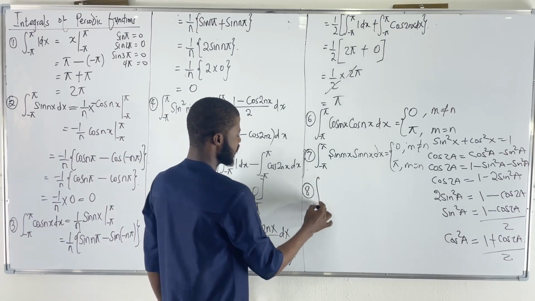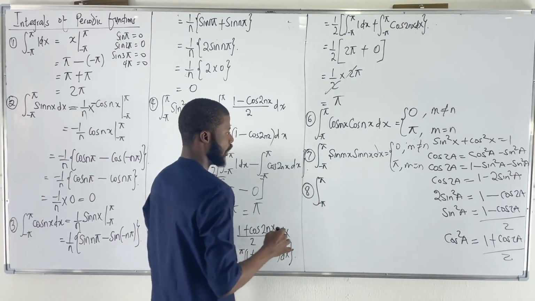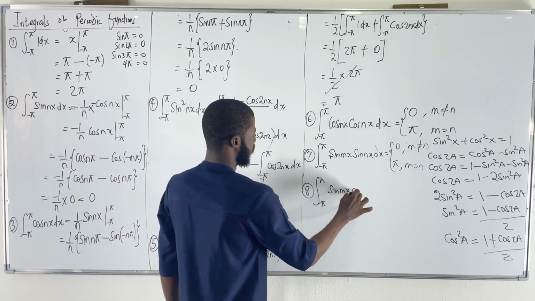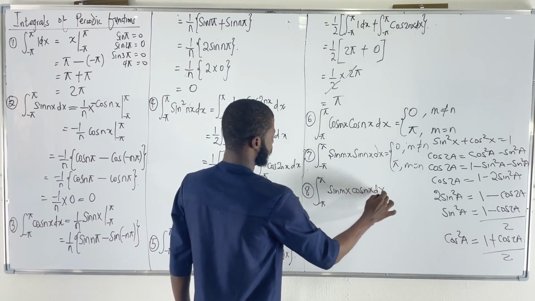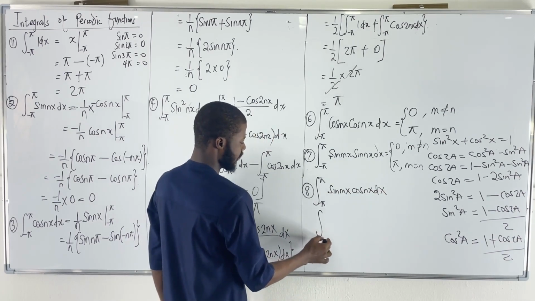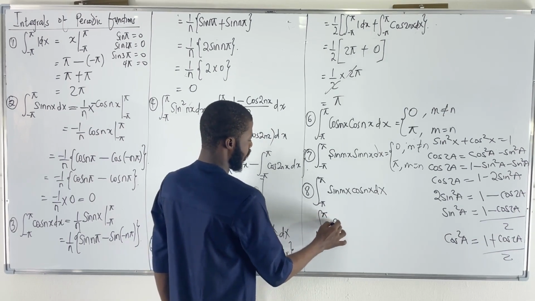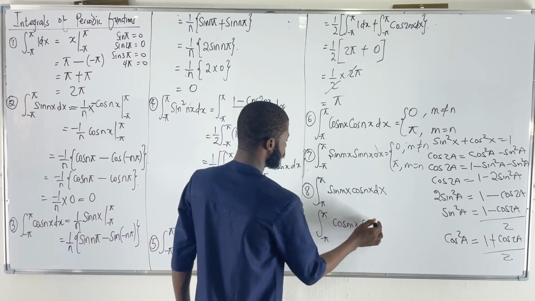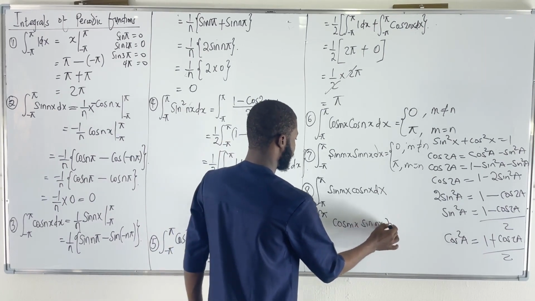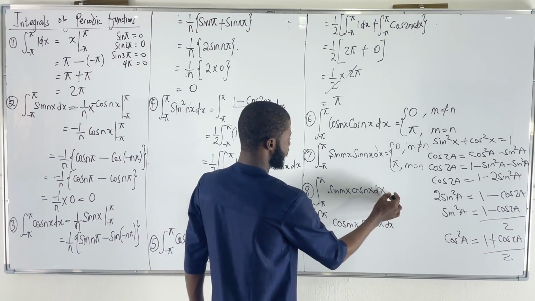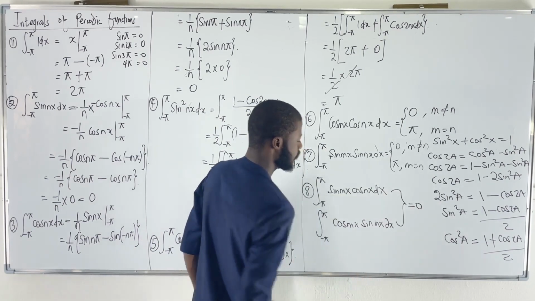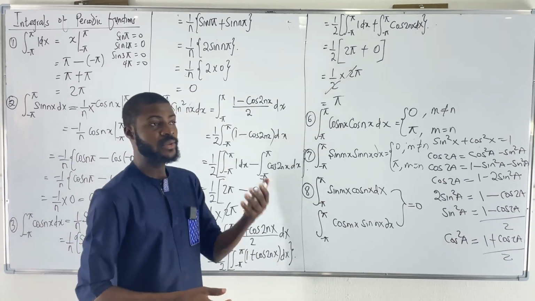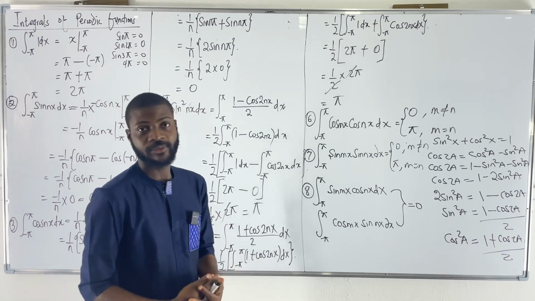Number 8: the integral from minus pi to pi of sine mx cos nx dx and the integral from minus pi to pi of cos mx sine nx with respect to x, these two are equal to 0. Always 0, whether m is equal to n or n is equal to m, they're always going to be 0.